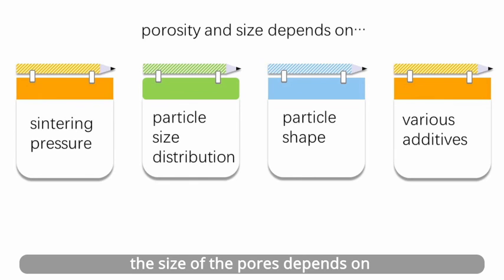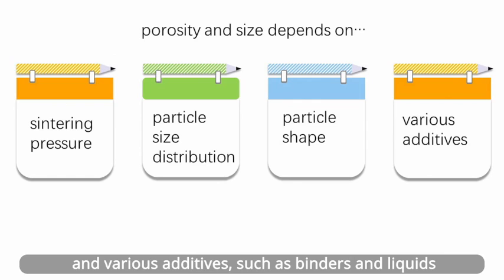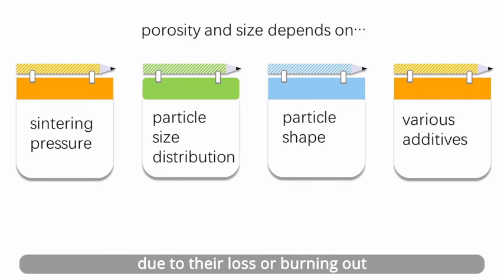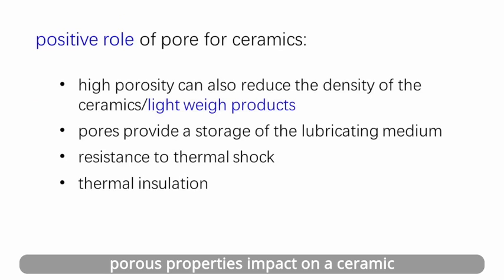The size of pores depends on the particle size distribution and the shape of the starting powders and various additives, such as binders and liquids. We should know that the additives create porosity in the initial stage of firing or sintering due to their loss or burning out.